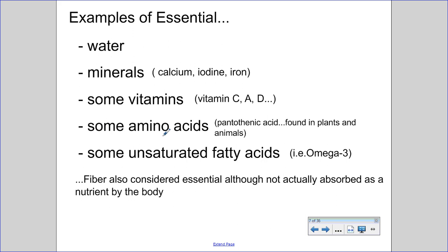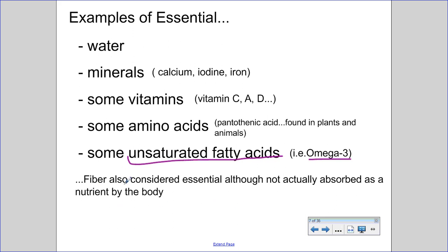And then there are some amino acids that have to be taken in our diet, as we cannot synthesize these particular amino acids. And then some unsaturated fatty acids, so for example the omega-3 fatty acids, are considered an essential nutrient.